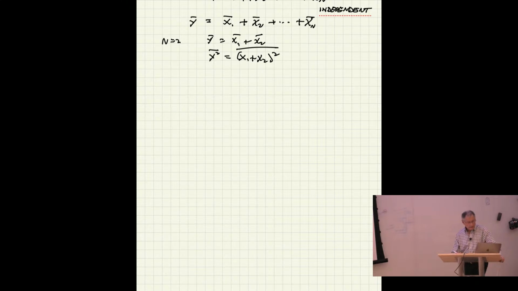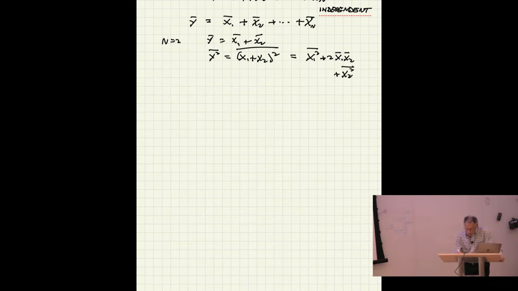So let's work on that. When I square this quantity, I'm going to get x1 squared plus 2x1 x2 plus x2 squared. And I want the average of that. So I'm going to need x1 squared plus 2 x1 x2, but they're independent, so the average of the product is the product of the averages, plus x2 squared, average.